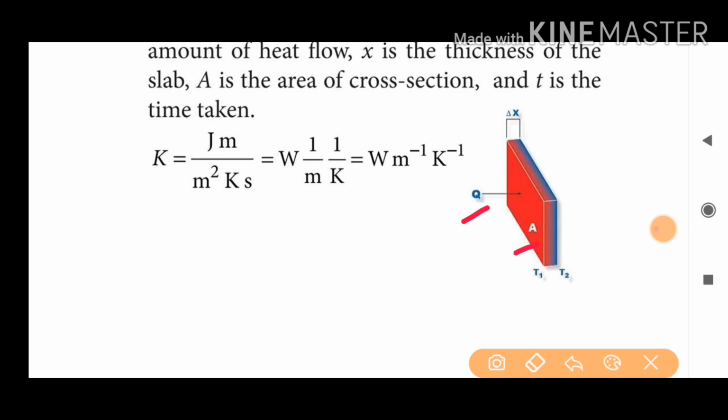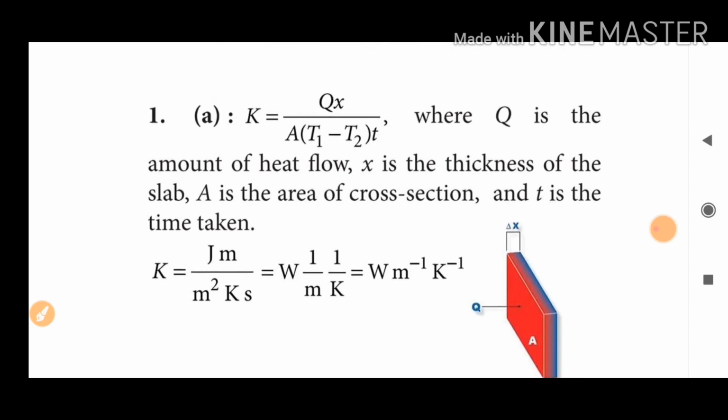Okay, so this is all about thermal conductivity, and thermal conductivity is denoted as K, where Q is the amount of heat, X is the thickness of the material, A is the cross-sectional area, and T1 minus T2 is basically the temperature difference of the two surfaces of the material, and t is nothing but the time taken.